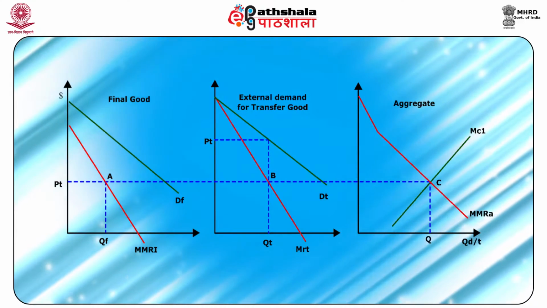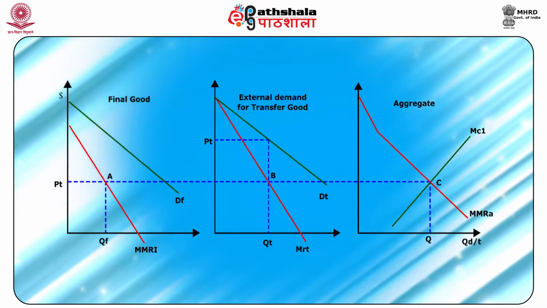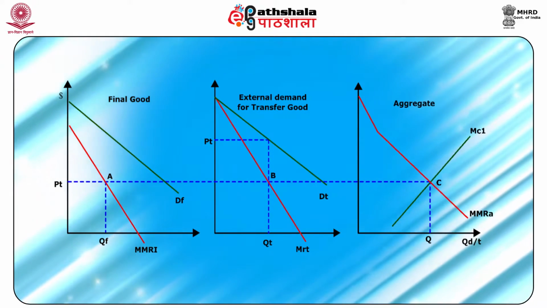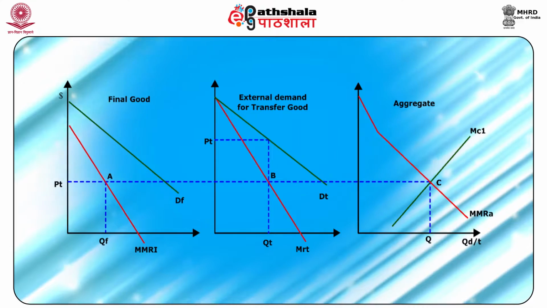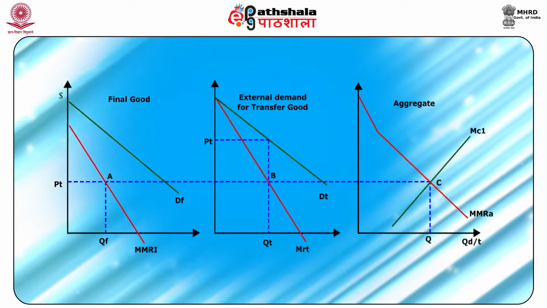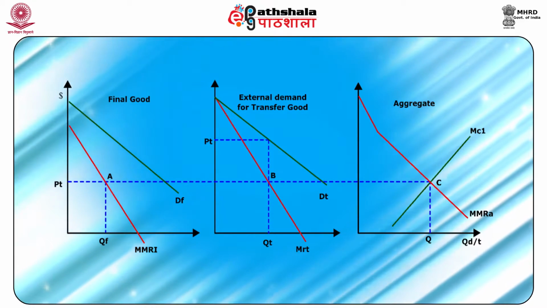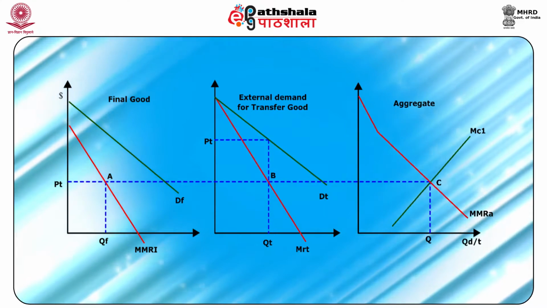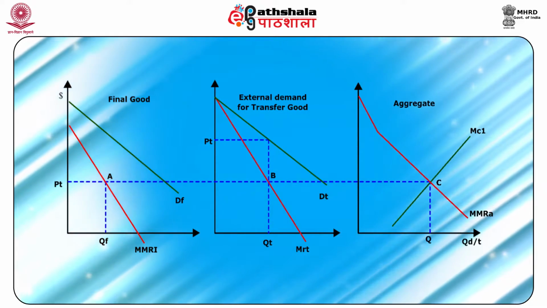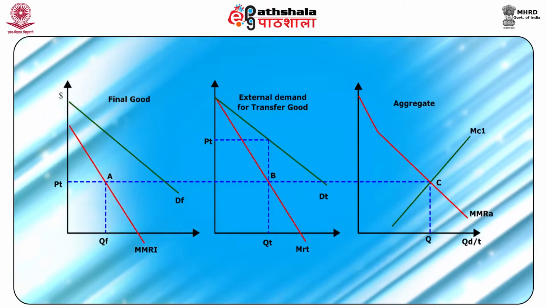Now let us consider how price discrimination takes place under the arrangement of transfer pricing. We have three parts of this diagram: the final good, the external demand for the transferred good, and the aggregate demand curve, which is representative of combining or merging these two demand curves.